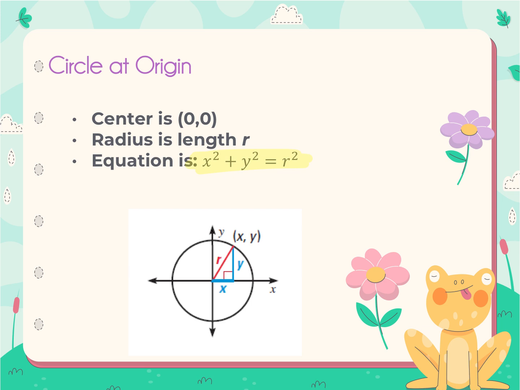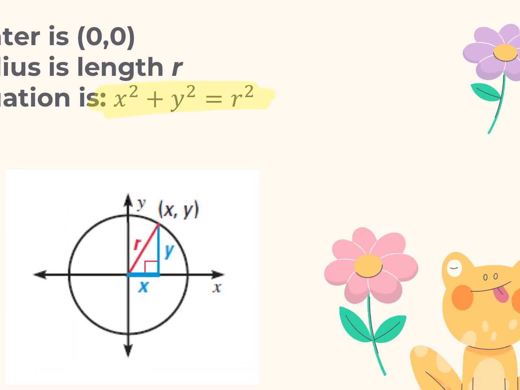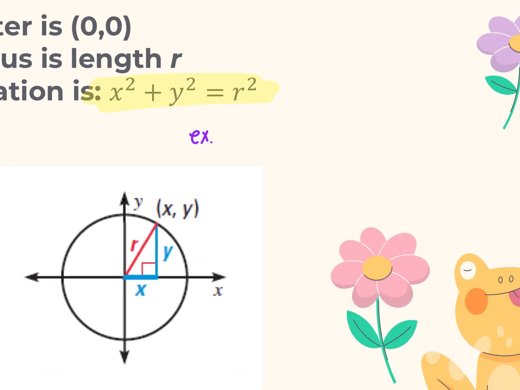So looking at the example, it's going to say, if my radius is 3 and my center is at 0, 0, what's the equation of the circle? Or it's just going to give you center at 0, 0, radius is 3.